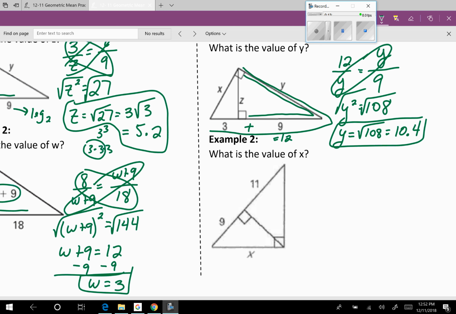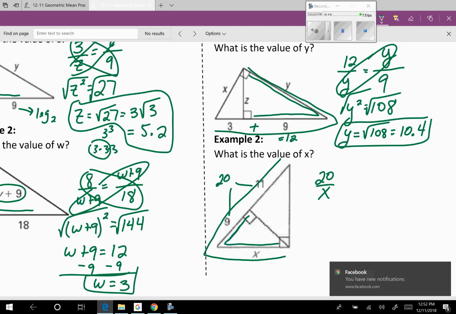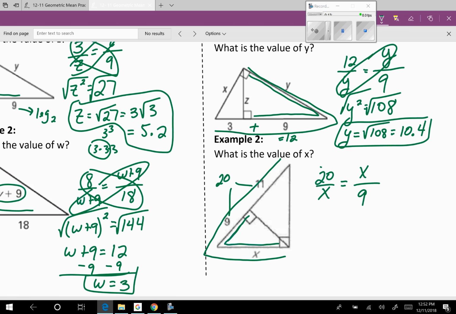Okay, so now we're going to find X. We're going to do X compared to the whole thing, so you have to do 9 plus 11, which is 20. And then you do X, and it's attached to the 9. So we have 20 over X is equal to X over 9. Now we just cross multiply.